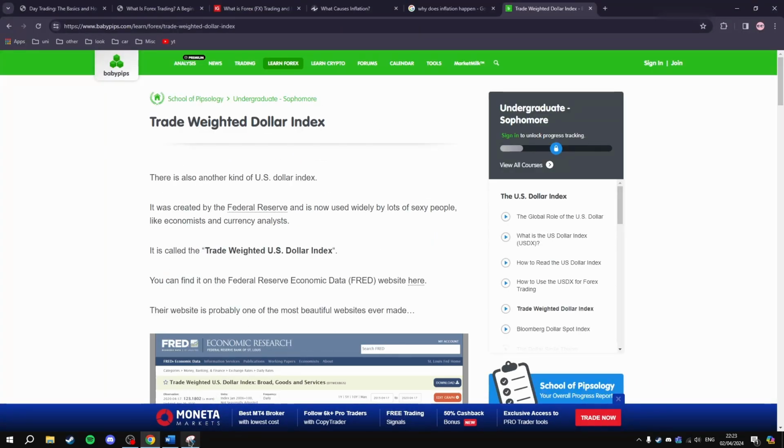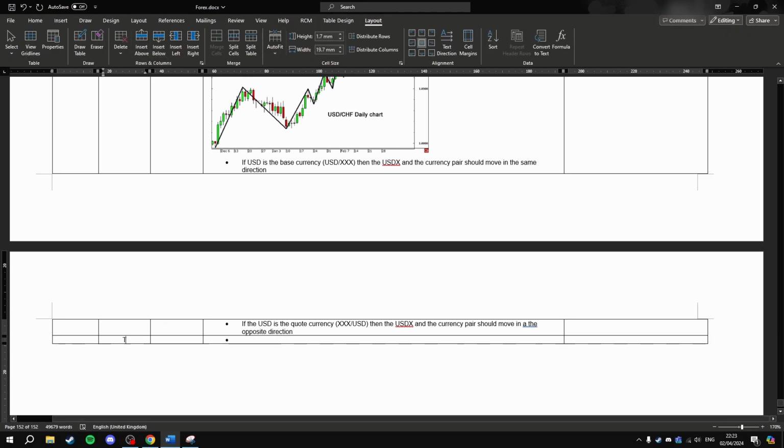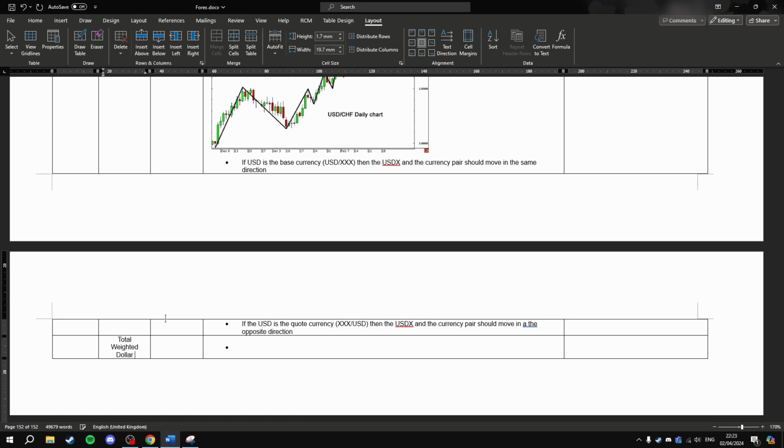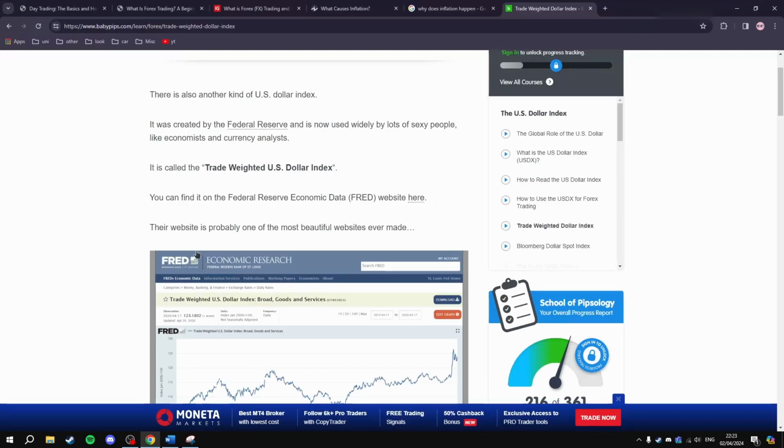Total weighted dollar index. There is also another kind of the US dollar index. It was created by the Federal Reserve and now is used widely by lots of sexy people like economists and currency analysts.